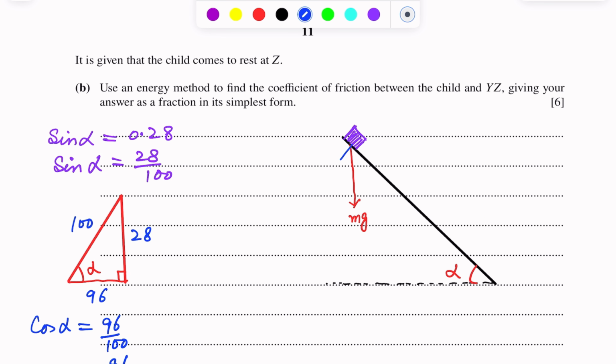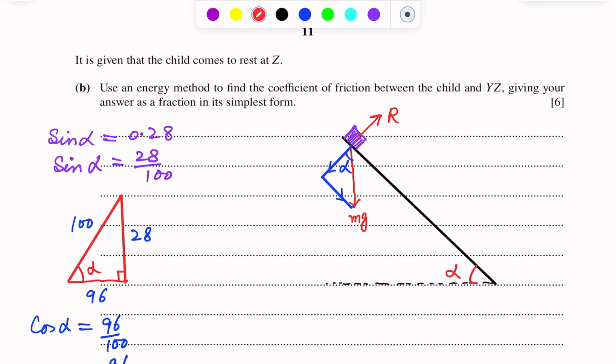These are the components of this weight. This angle is alpha, and this is also alpha. Now the reaction of this plane on the child, the normal reaction, is R.